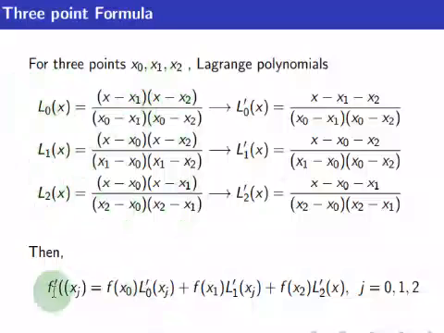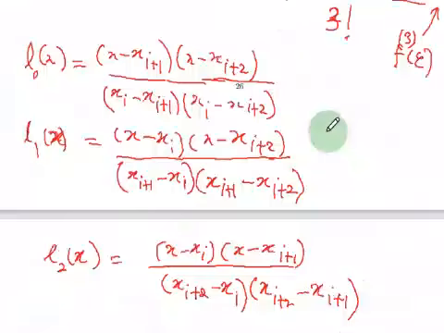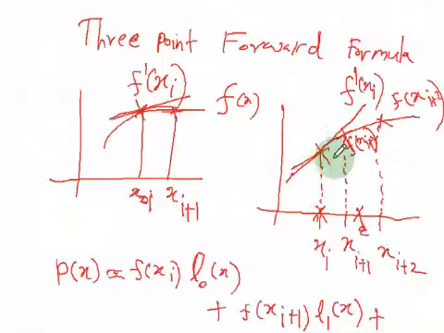And since we find an approximation to f prime, so here we find an approximation to this one, f prime at xi, right?